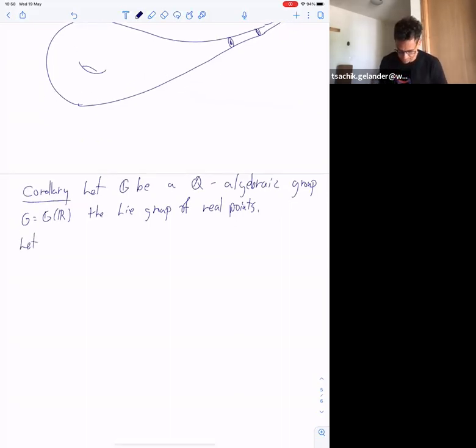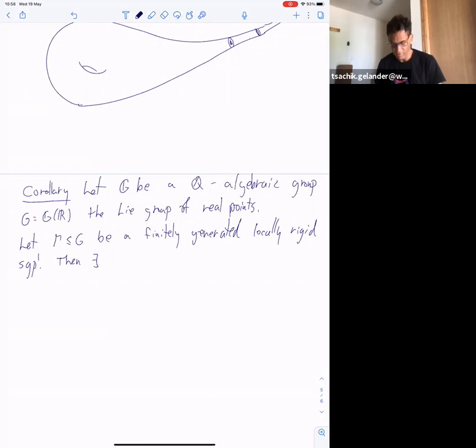Let gamma be a finitely generated locally rigid subgroup.